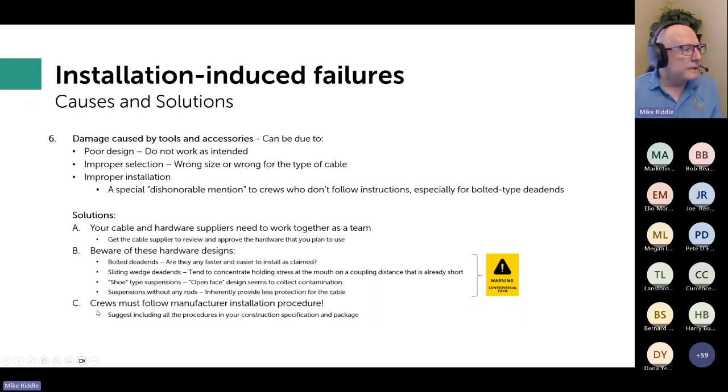Next, last rather, for this, crews have to follow the installation procedures. And I strongly suggest that you actually include copies of the manufacturer's installation instructions for each and every item that you're going to use on your cable as part of your construction specification or construction package that you send out to your contractors.